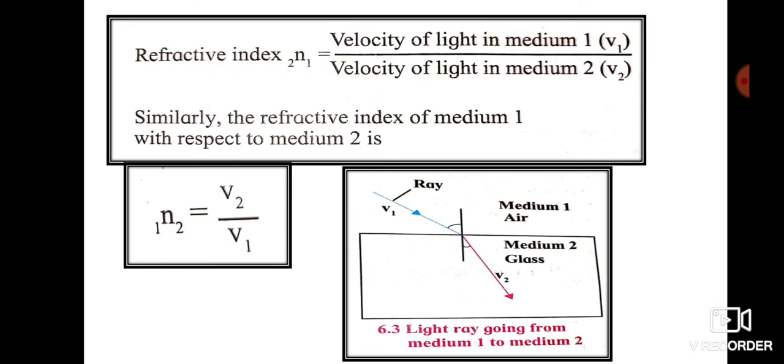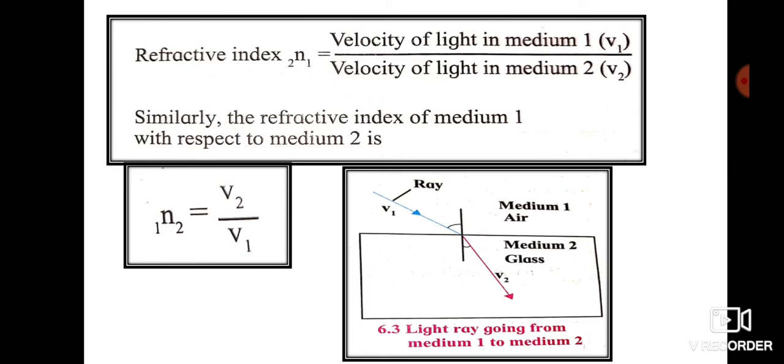Now the refractive index of the second medium with respect to the first medium is always written like that. It is given to be the velocity of light in medium 1, that is v1, upon the velocity of light in medium 2, v2.